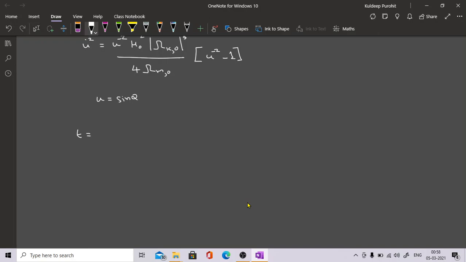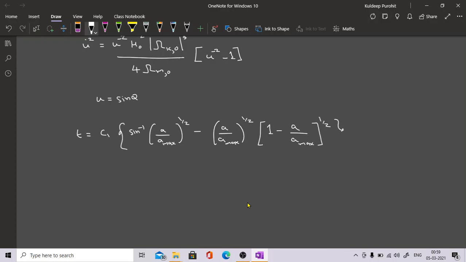The relation you will get is time t is equal to c1, which is a constant, sine inverse of (a by a max) raised to 1 by 2 minus (a by a max) raised to 1 by 2 times (1 minus a by a max) raised to 1 by 2.